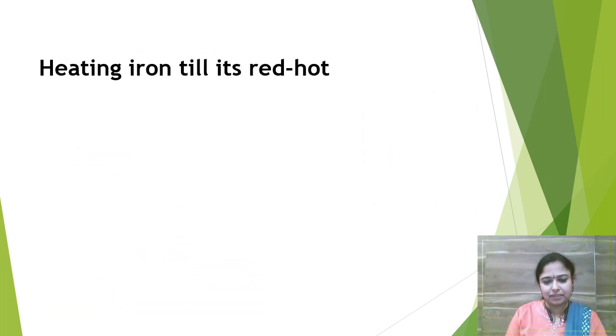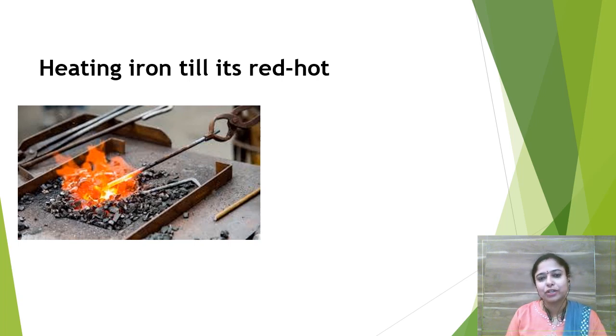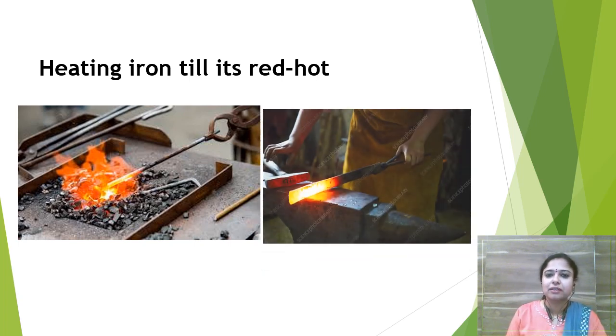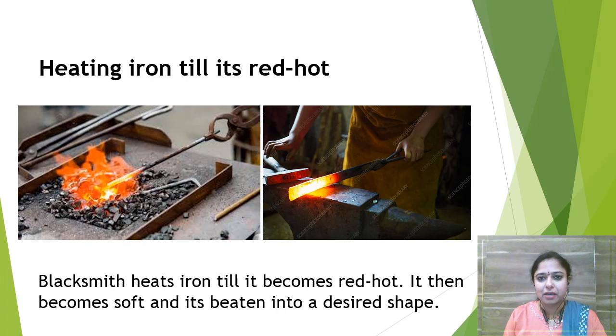Another example, heating iron till it becomes red hot. Children, do you know how the blacksmith changes iron into different tools? He first heats the iron till it becomes red hot. The iron becomes softer. It can then be beaten into the desired shape. Then he can cool the iron tool.